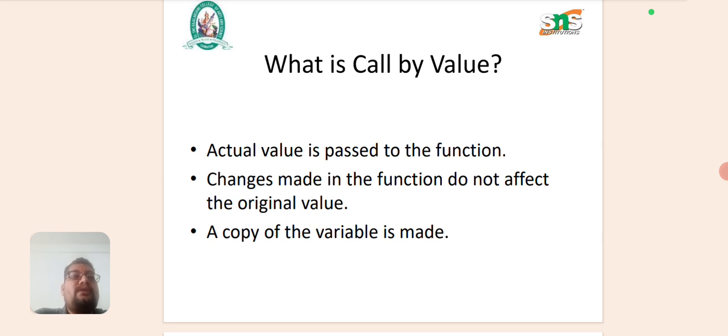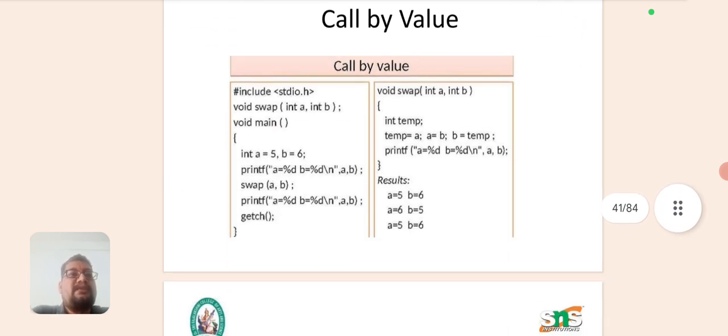According to these things, it matches the right parameters and the right function name, and it automatically passes the value. In the last video itself we saw about it. Let's go to the next slide.